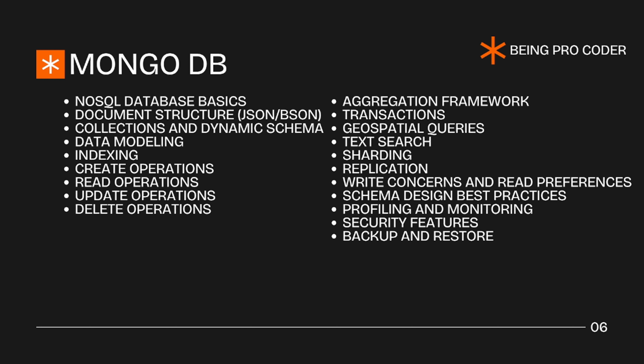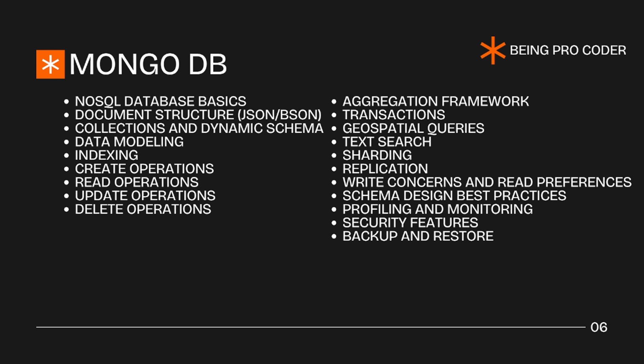Text search is another search operation in the database, like full text search capabilities in the documents. Sharding is distributing the data across multiple servers for scalability. Replication is maintaining copies of the same data across multiple servers for redundancy.